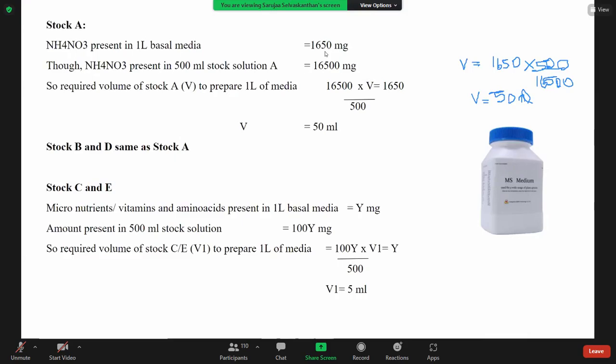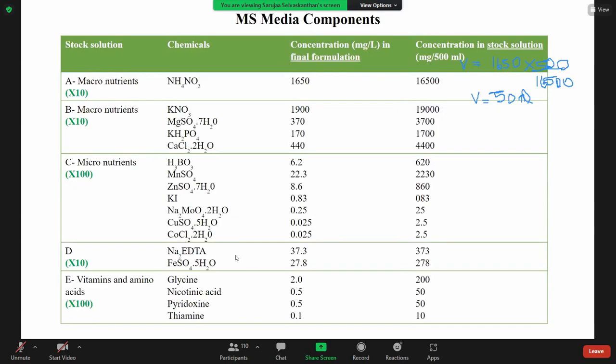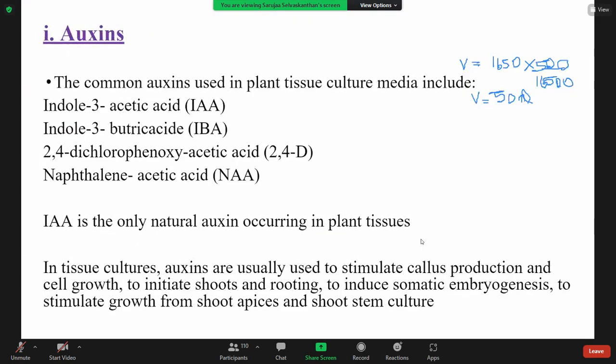This calculation is the same for stock B and D, right? For example, stock D contains EDTA. The EDTA present in 1 liter media is nearly 373 and 288, right?